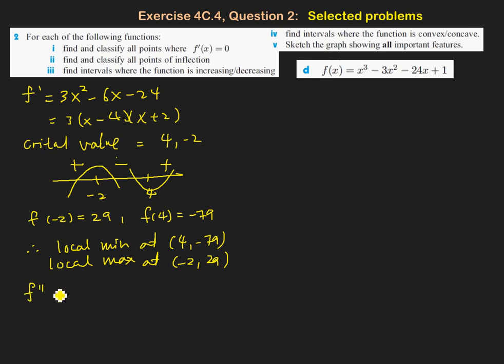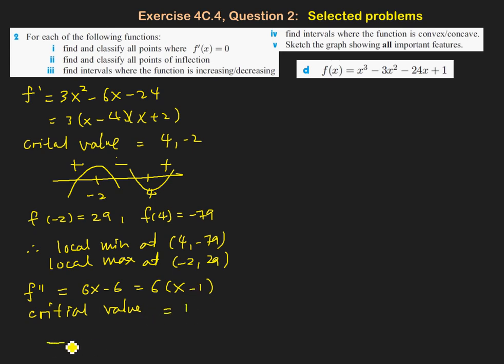So for the next part, we need to find the inflection point. We need to differentiate one more time, and this should be 6x minus 6, which gives us this. Again, you see the critical value is clearly 1.